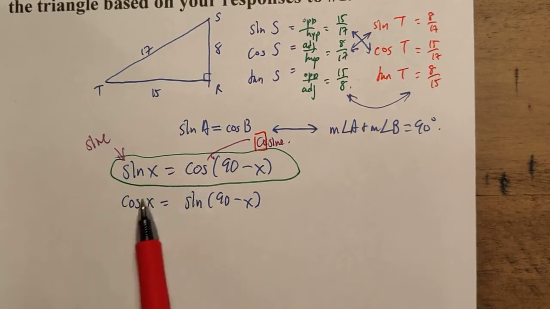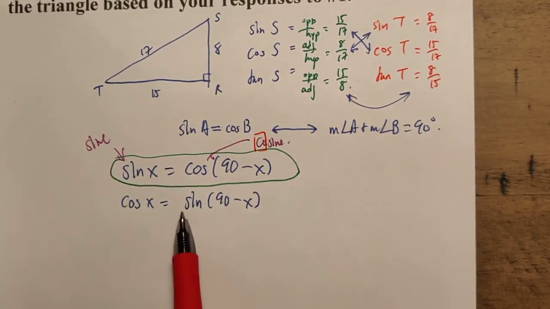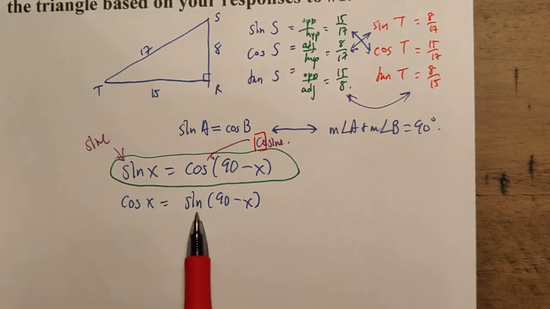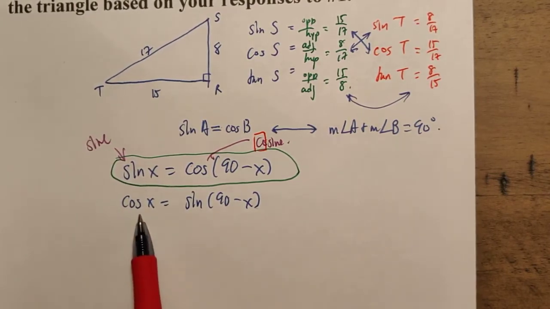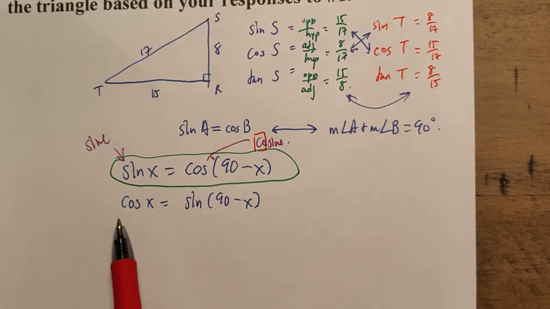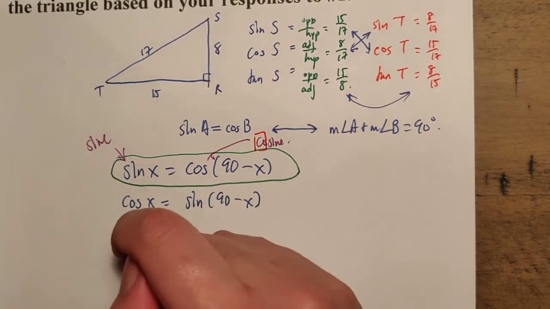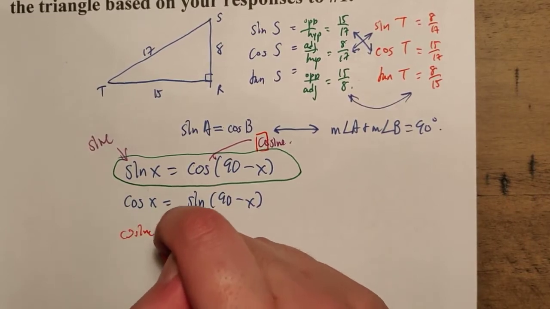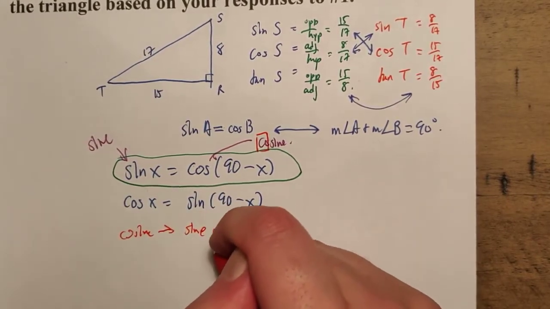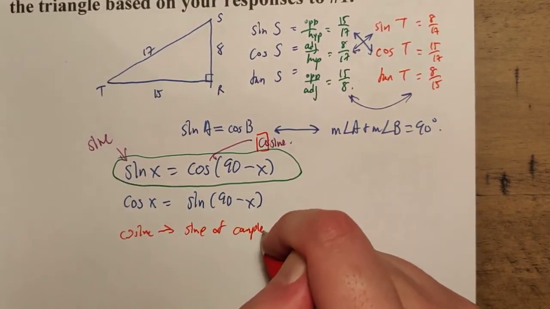So the sine of x is equal to the cosine of the complementary angle. Or if we look down here, the cosine of the angle is the sine of the complementary angle. That's where it comes from. So in this cosine here, you can think of this as the sine of the complement.